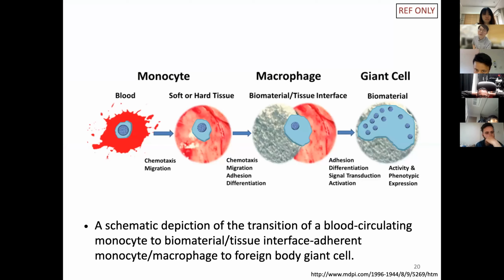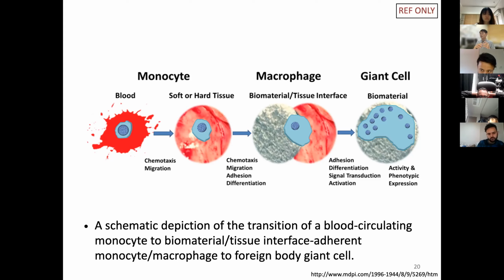All right, so here I brought some pictures of how things happen for this process from a different viewpoint. First, a monocyte. A monocyte is an immune cell which exists inside a blood vessel.